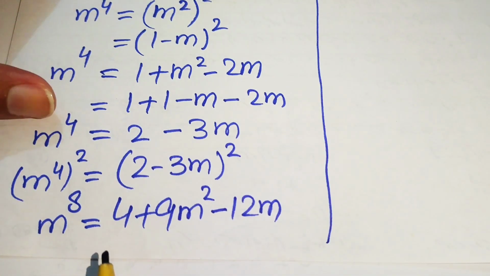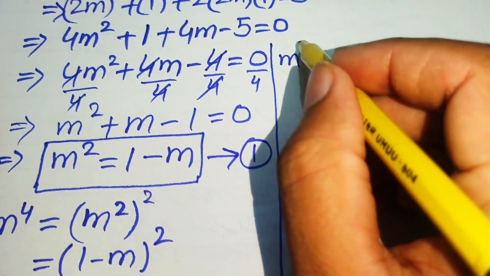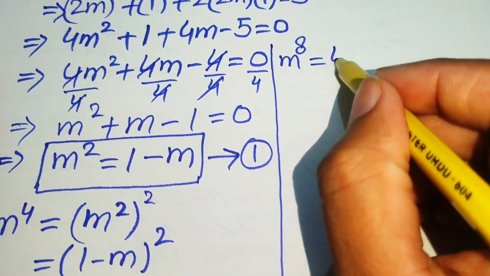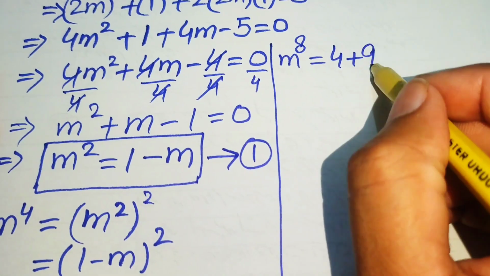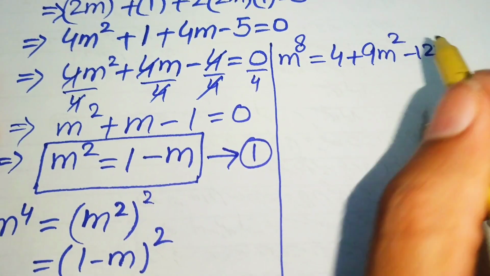So we write m to the power of 8 equals 4 plus 9m square minus 12m.